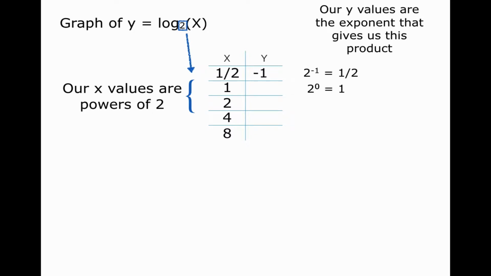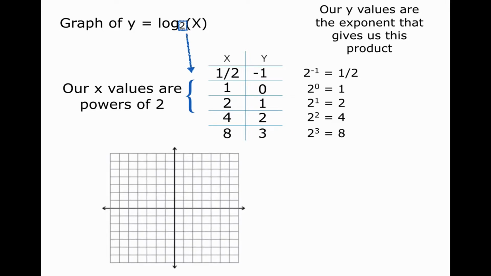And 2 to the 0 gives us 1, so our y value is 0. And 2 to the first power gives us 2, so our y value is 1. And 2 squared gives us 4, so 2 is our y value. And then 2 to the third gives us 8, so 3 is our y value. And now if we want to graph this, we can just plot those points.